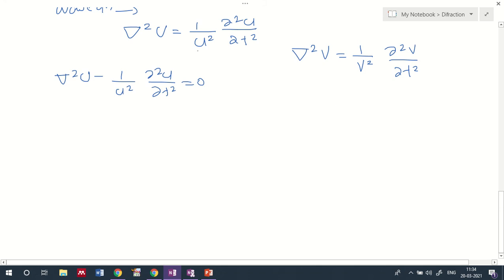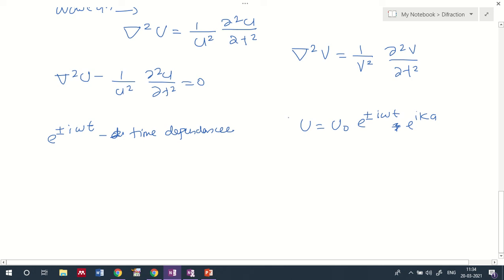And from that, if we write the wave equation in this form, we know that the time dependence of both terms will be e raised to plus or minus i omega t. This harmonic time dependence can be represented as e raised to plus or minus i omega t, because we know that u can be represented as u0 e raised to plus or minus i omega t into e raised to i k a, like we used to represent.